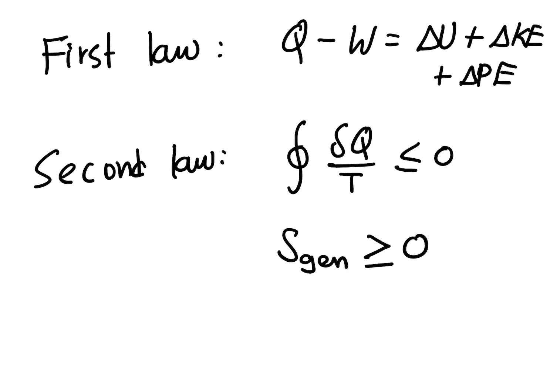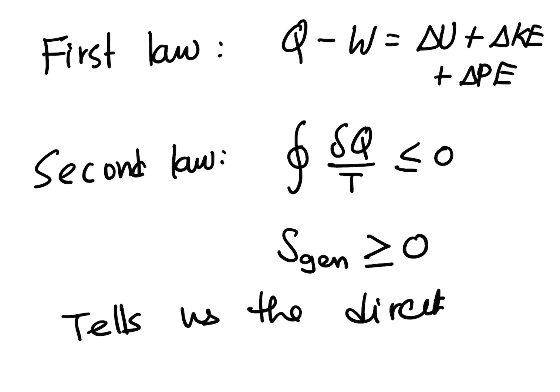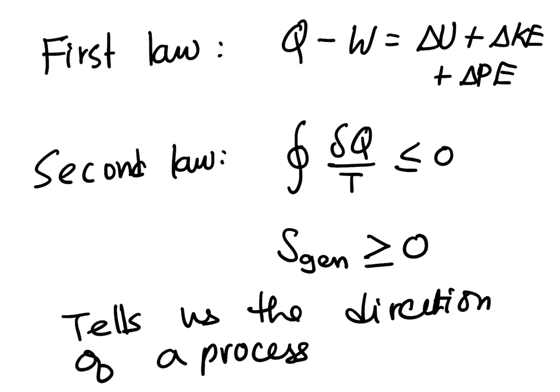What it states is that it tells us the direction of a process. Energetically, a process may be favorable; you can do an energy balance and tell how many joules of energy need to be transferred between 1 and 2 or 2 and 3 or whatever, whereas the second law tells you whether the process will take place or not.